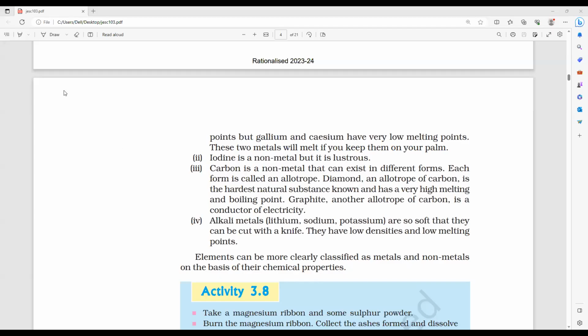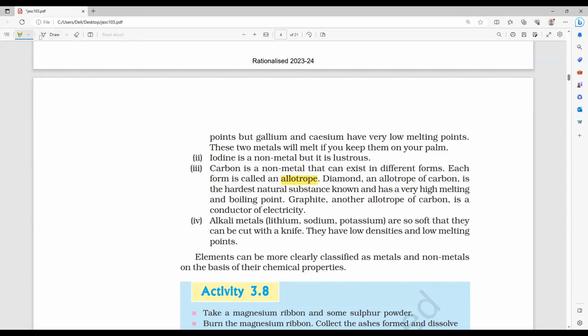Am I right or wrong, everybody? That is what we call allotropes. Whose physical state is different but chemical formula is the same, that is called an allotrope.